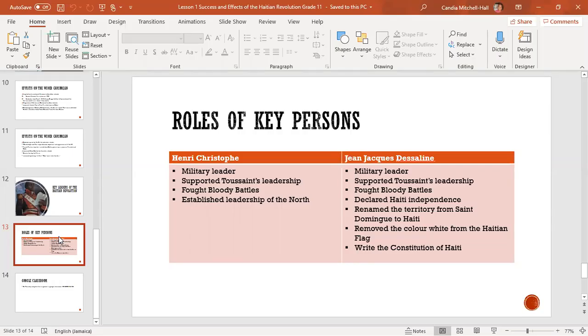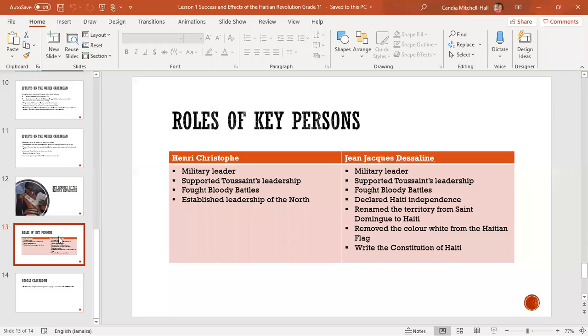He supported Toussaint's leadership. He fought bloody battles, and he established his leadership over the north. While Jean-Jacques Dessalines was also a military leader, he also supported Toussaint's leadership and fought bloody battles. He was the one after Toussaint Louverture.